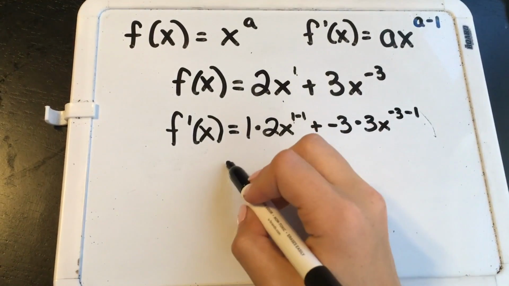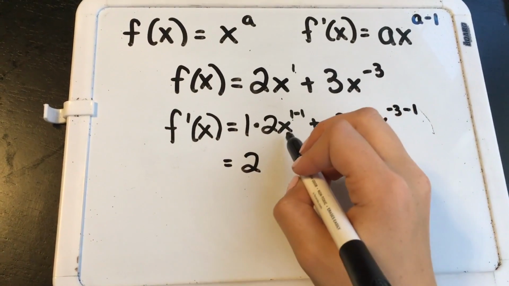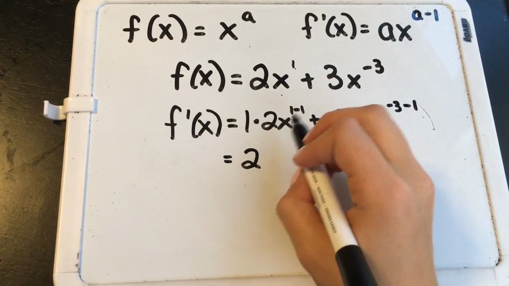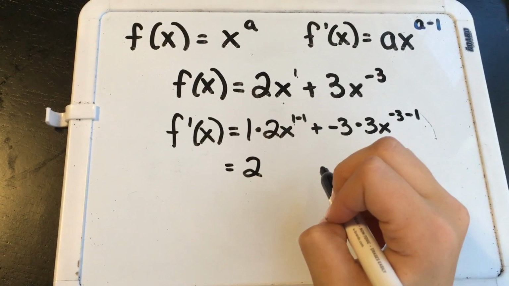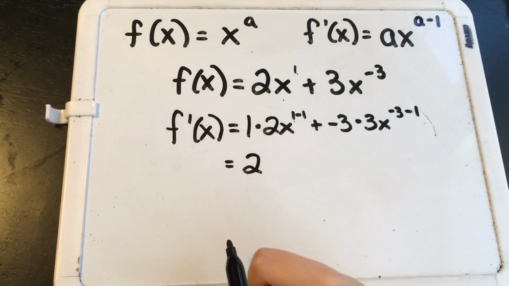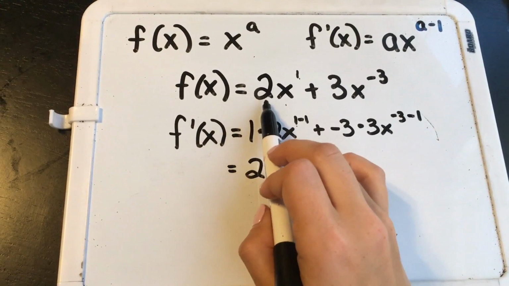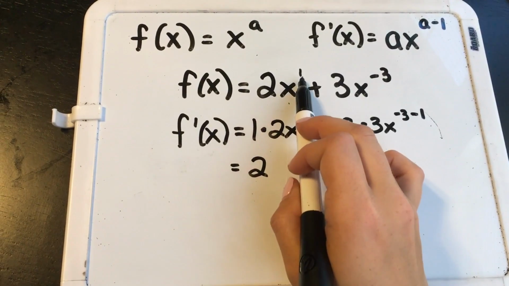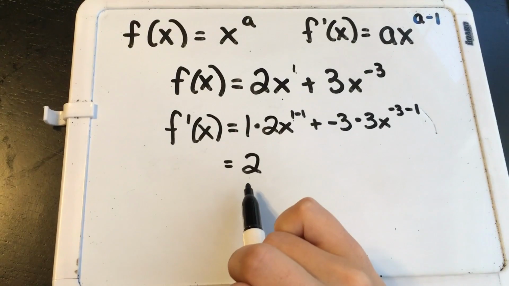Let's reduce this a little bit. 1 times 2 is just 2. X to the 1 minus 1 is just x to the 0. What is anything to the 0 power? It's just 1. So we're only left with the 2 here. Notice that if you have a constant in front of an x and it's raised to the first power, then its derivative is just the constant that's in front.